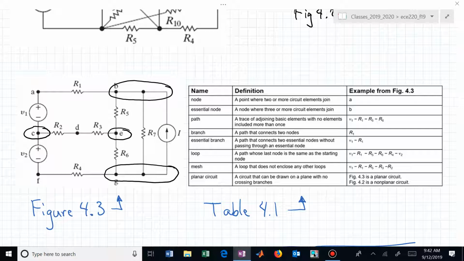Yes? Why have you circled the second node to the right? So in B and G, why did I circle the second node? Because really that node is identical to the one that's labeled G or B. You can just collapse all of these down. They have explicitly, and PSpice will do this as well, started identifying where you have connections with dots, and sometimes that's redundant.